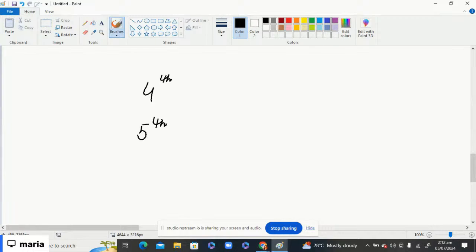Okay, and if you're going to write down any numbers like 13th, we are going to write it down like this way. This is basically 13th. So these are all basically the ordinal numbers.